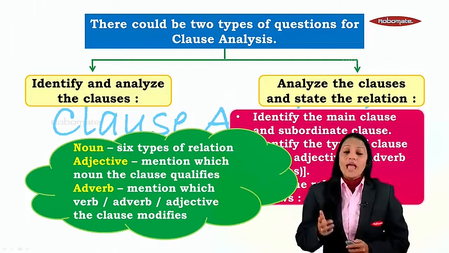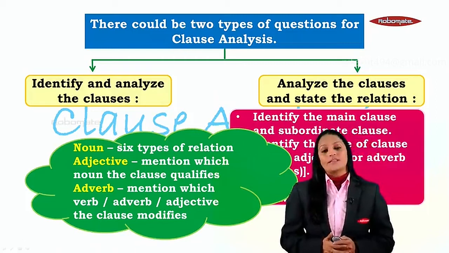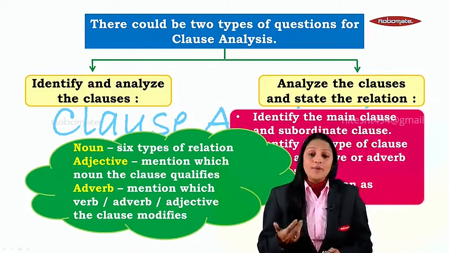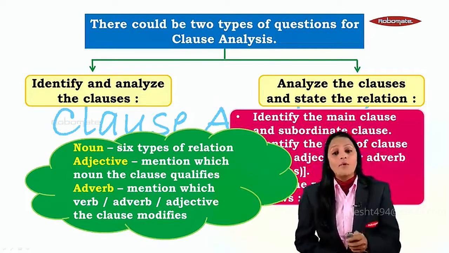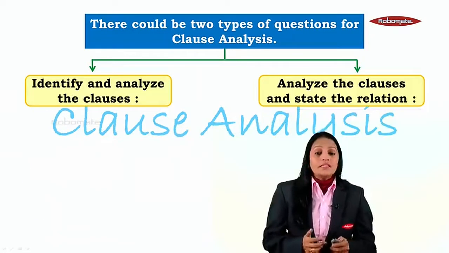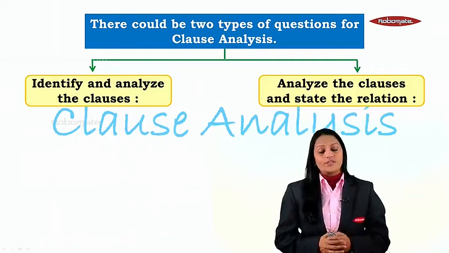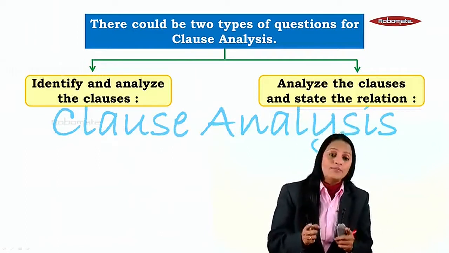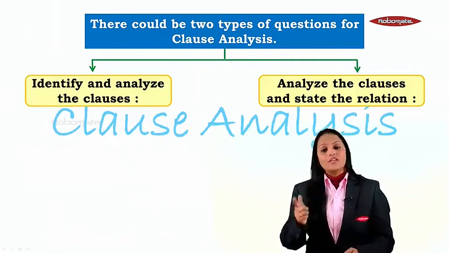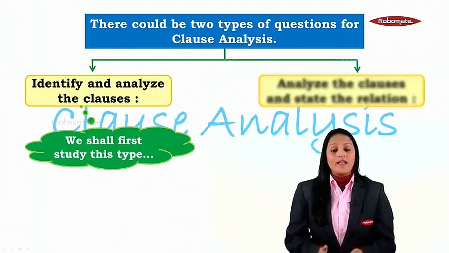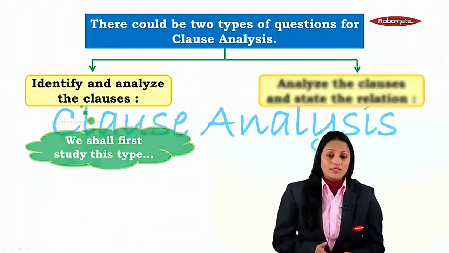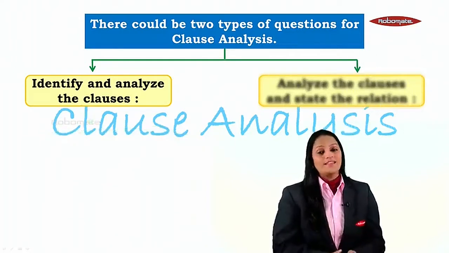So students, an adverb clause also does the same. Therefore, you have to mention which verb, adverb or adjective it modifies. So students, these are the two different types of questions that you would be asked, and we will deal with both. But first, we shall study the first type, that is to identify and analyze the clauses, and we shall do this in the next module.